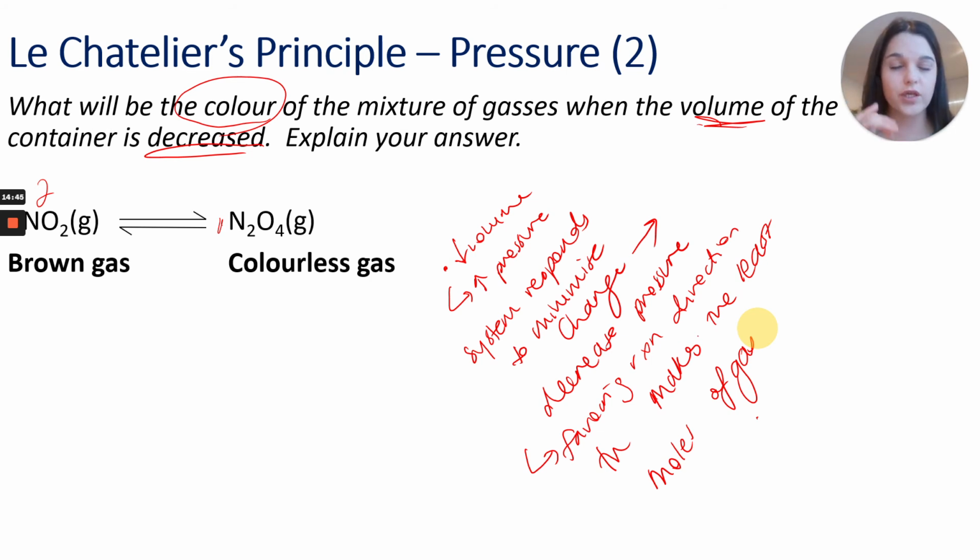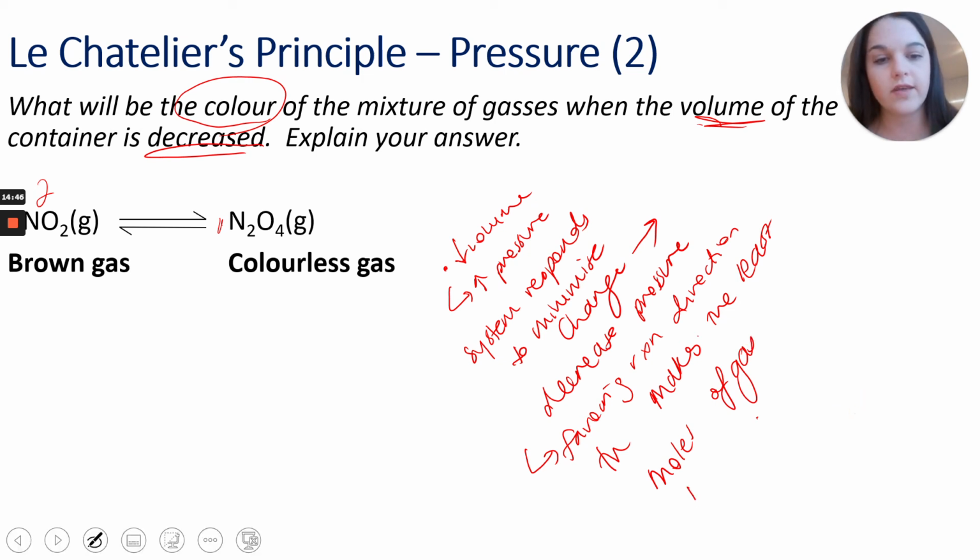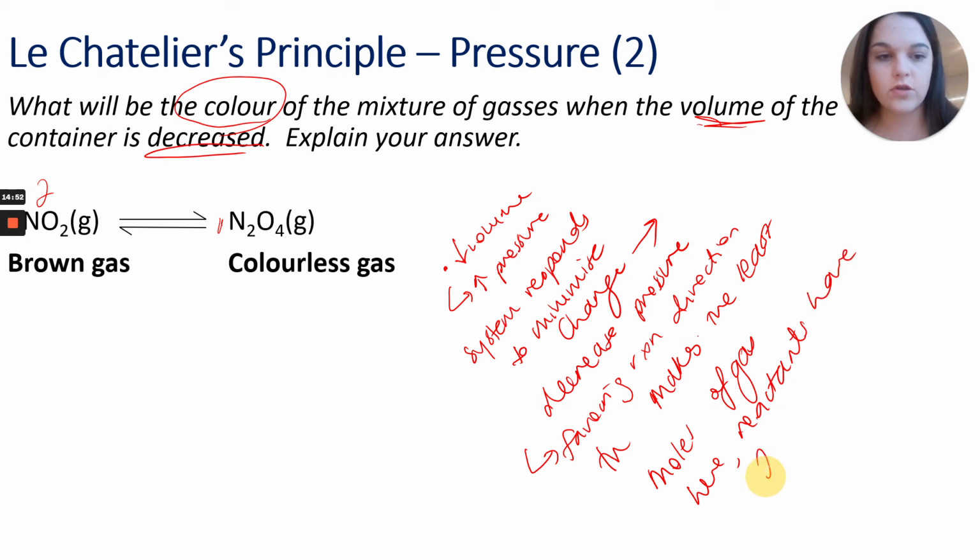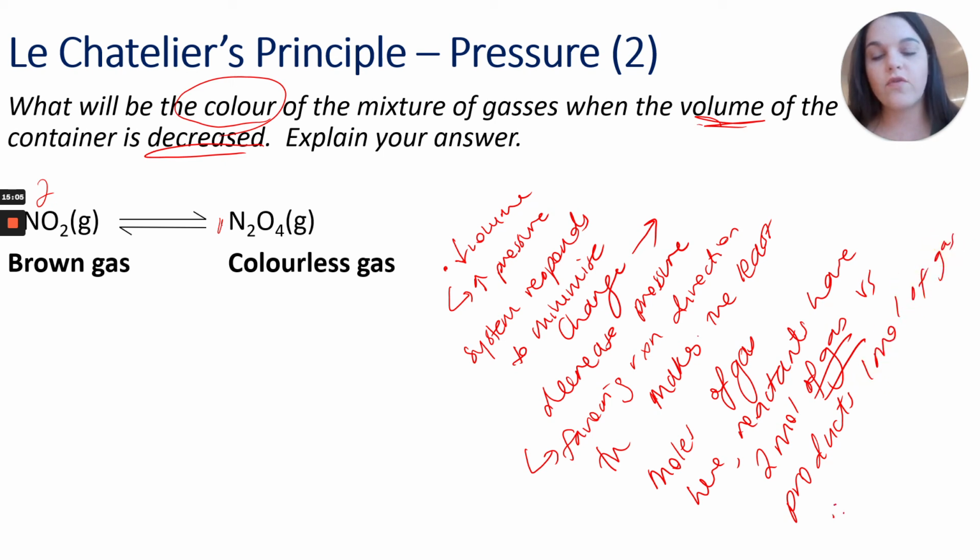So let's have a look here. Remember, I need to refer to the specific example. So here, reactants have 2 moles of gas, really importantly we say of gas, versus products 1 mole of gas. Therefore, we're going to favour the forward direction.